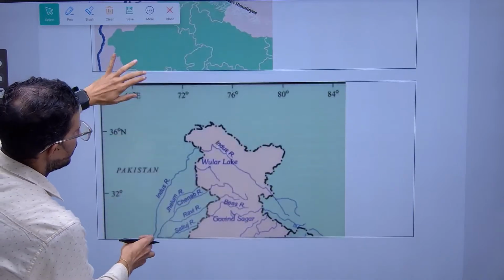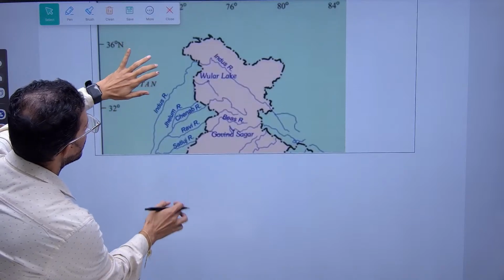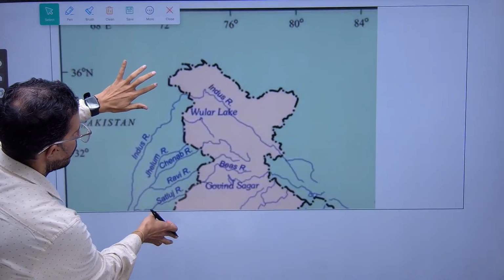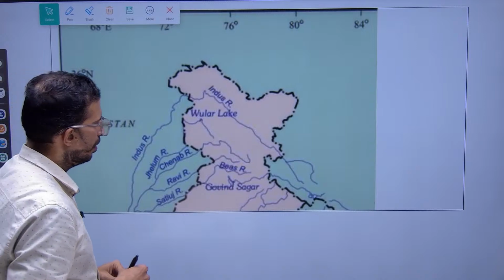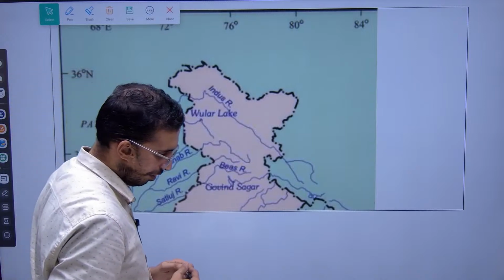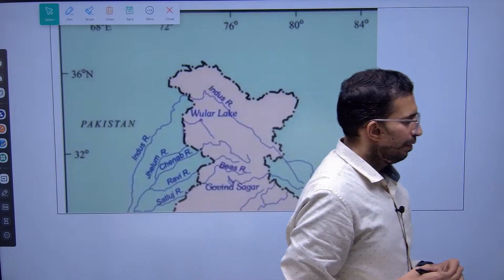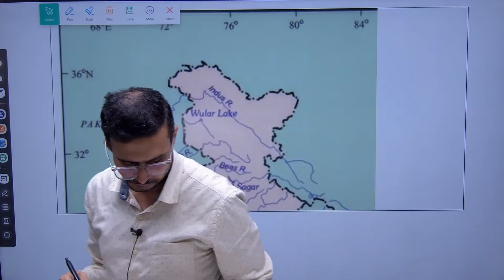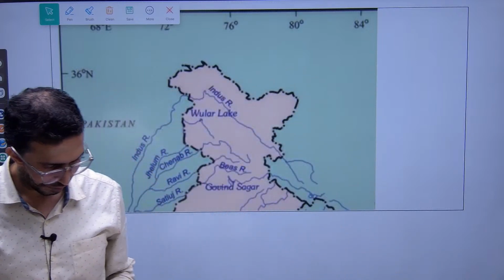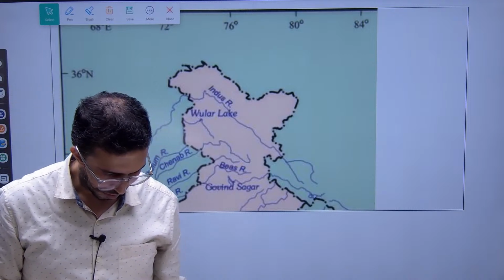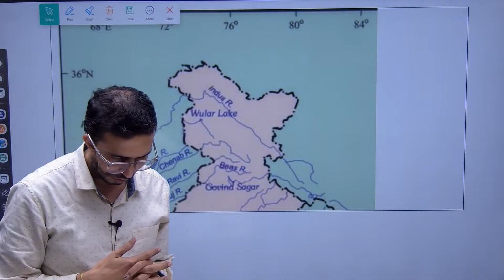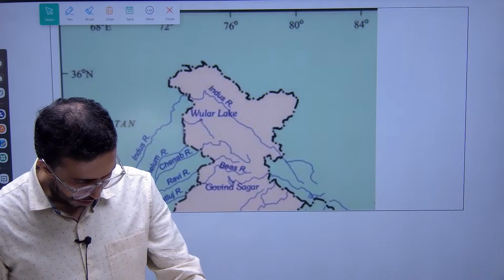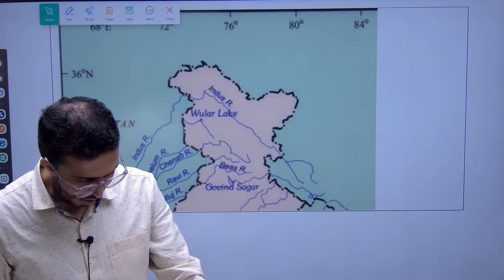Now see this map, this one. Satluj, Ravi, Chenab don't originate in India.